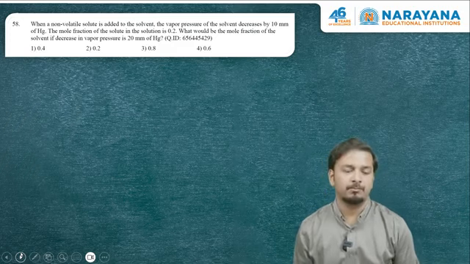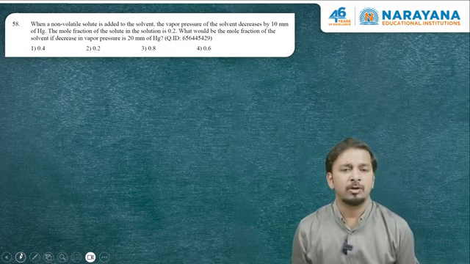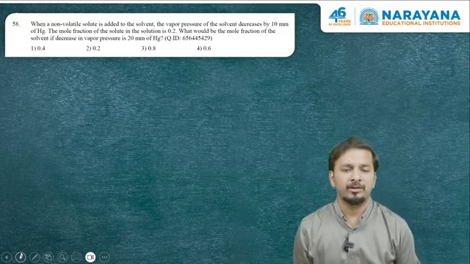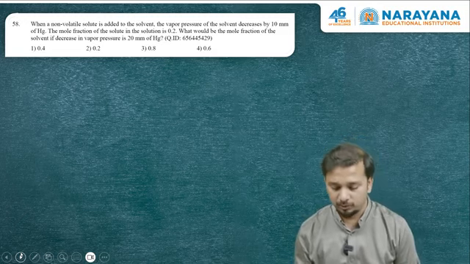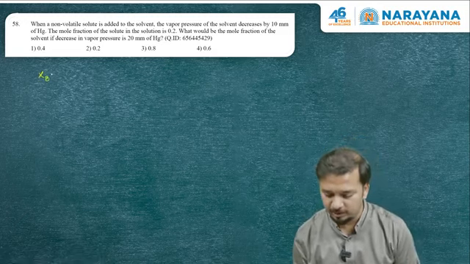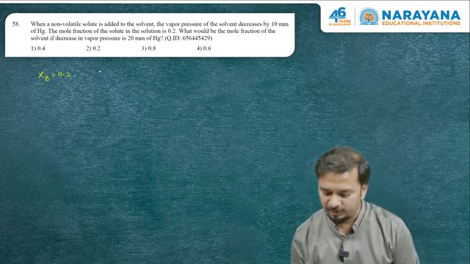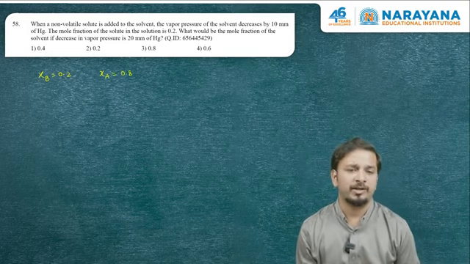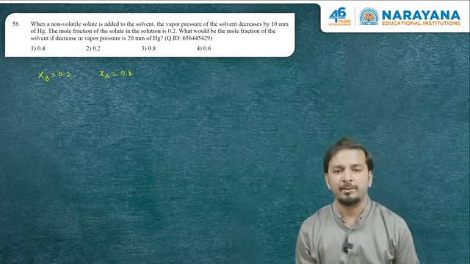Moving to the next question. When a non-volatile solute is added to the solvent, the vapor pressure of the solvent decreases by 10 mm of Hg. The mole fraction of the solute in the solution is 0.2. So the mole fraction of solvent will be equal to 0.8, and the decrease in pressure is 10 mm. What would be the mole fraction of solvent if the decrease in vapor pressure is 20 mm Hg?